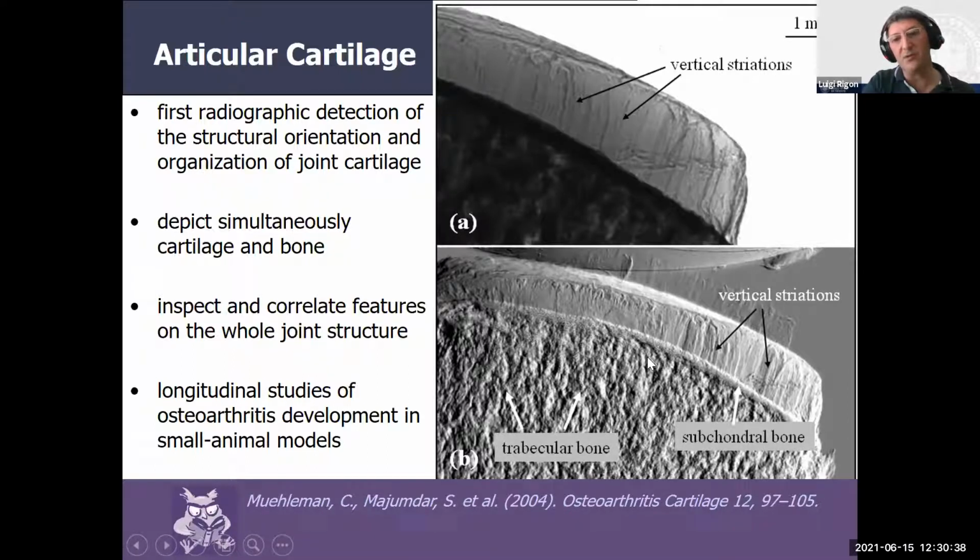This is very important because typically diseases affect both the cartilage and the bone. So being able to visualize them simultaneously can really be an advantage in the clinical environment.